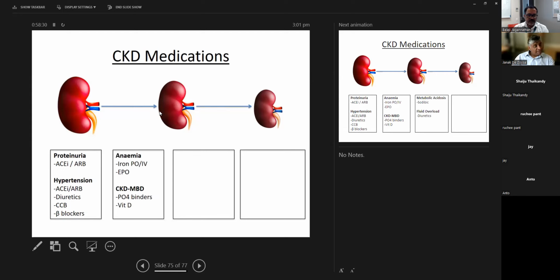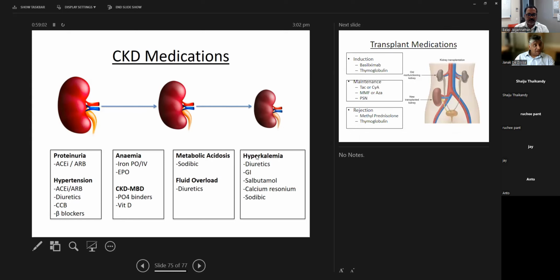In stage 3-4 chronic kidney disease, we're focusing on agents to correct anemia, iron, which can be oral or IV, and erythropoietin, and agents for CKD bone mineral metabolism, phosphate binders, vitamin D. In stage 5 chronic kidney disease, we're also worried about metabolic acidosis, and we might use sodium bicarbonate, and we're keen on diuretics to help with volume overload.